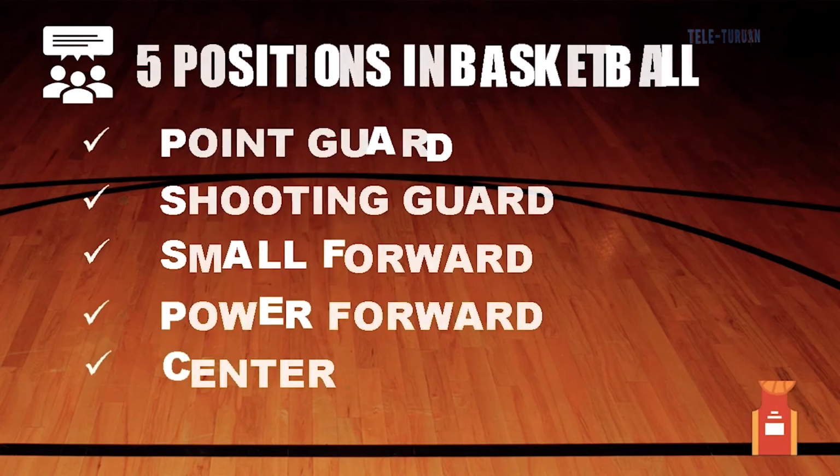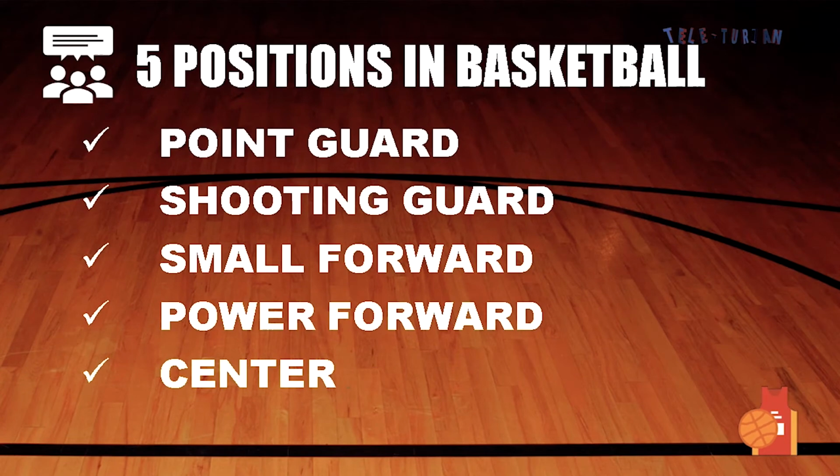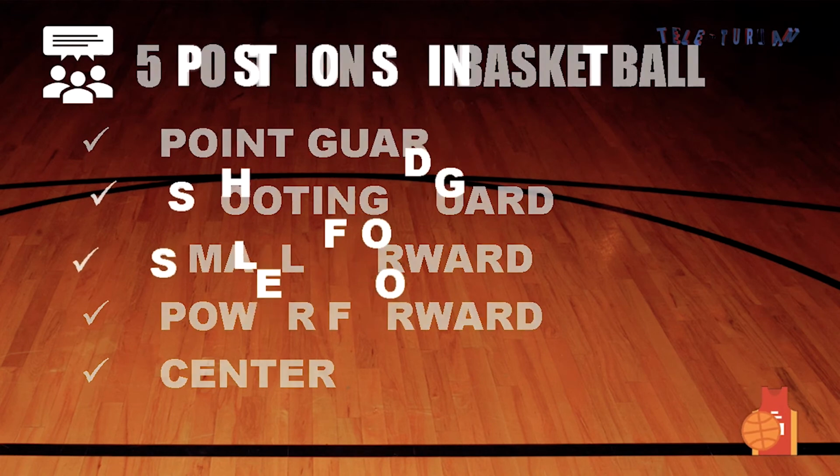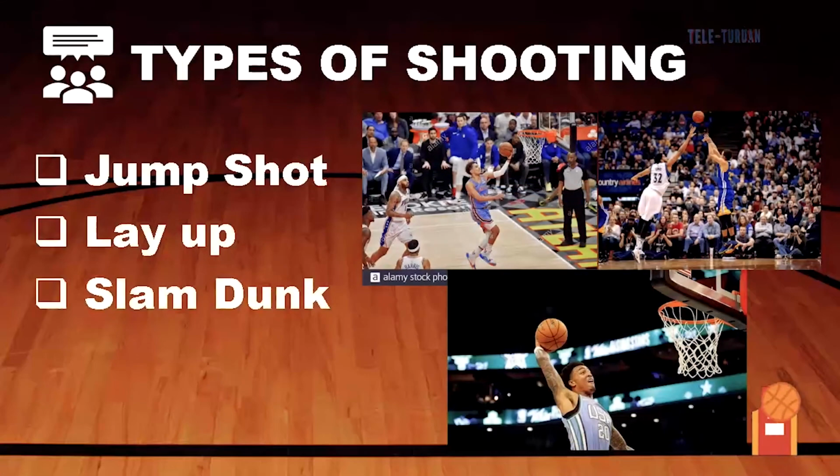In positioning, we have 5 positions: the point guard, the shooting guard, the small forward, the power forward, and the center. In shooting, there are 3 types of shooting: jump shot, layup, and slam dunk.